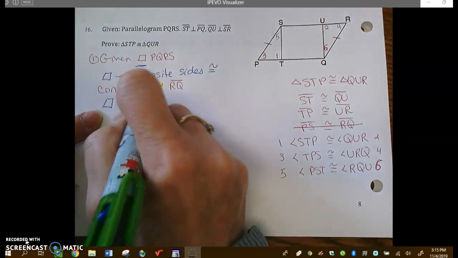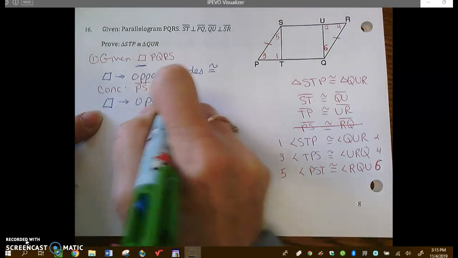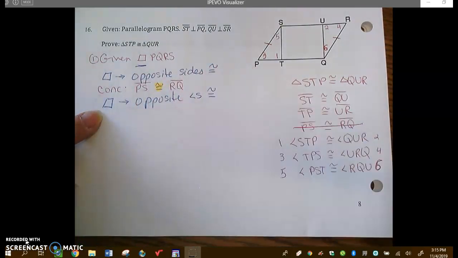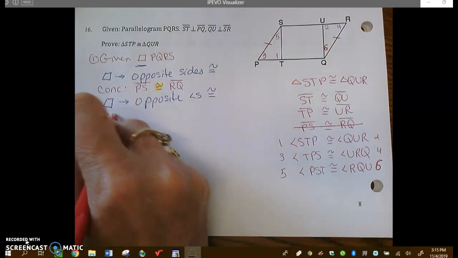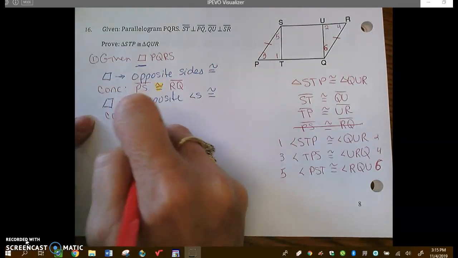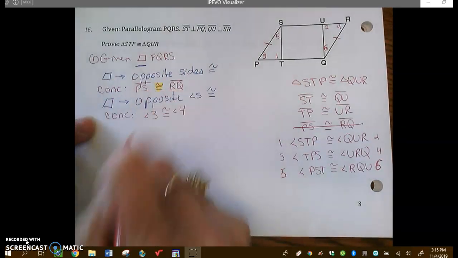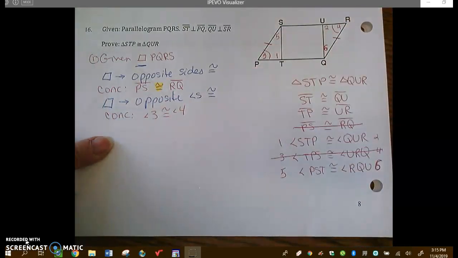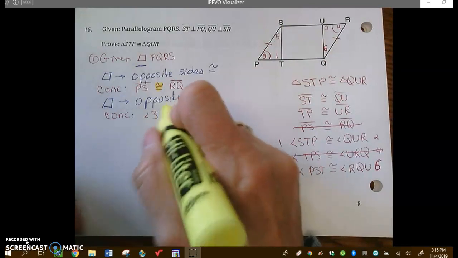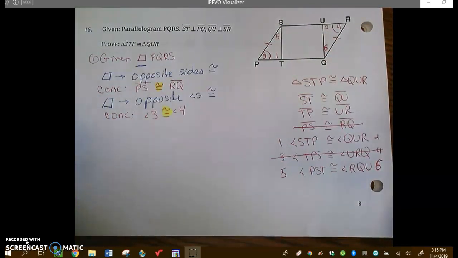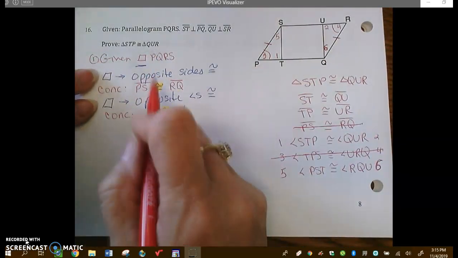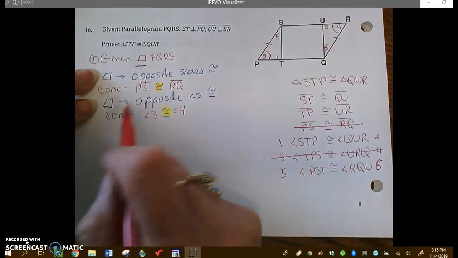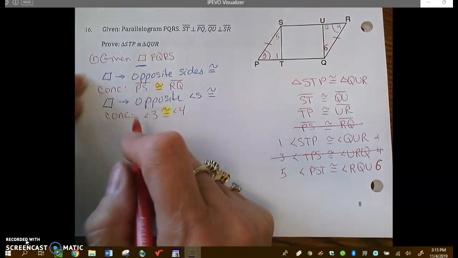I can say if parallelogram, opposite angles are congruent. And now I can make the conclusion that angle 3 is congruent to angle 4. Crossing it off my list, putting in the arc mark, that's my second congruent sign. So in this example, I used two properties from a parallelogram.